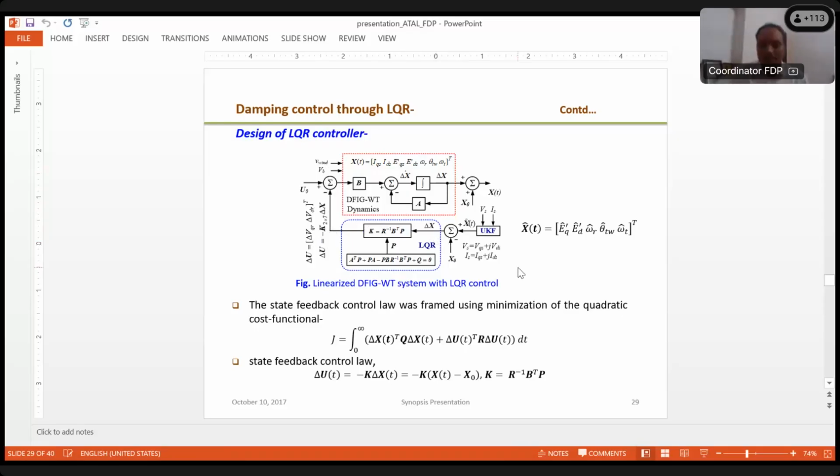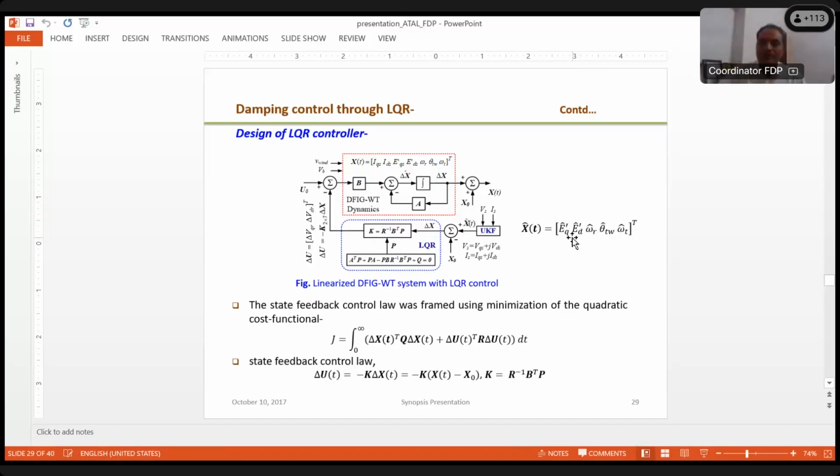One important thing is that we are using the internal voltages Ed dash and Eq dash of the generator, and getting these voltages out of the generator is not easy. Along with that, there is the twist angle, and measuring the twist angle is also not easy.